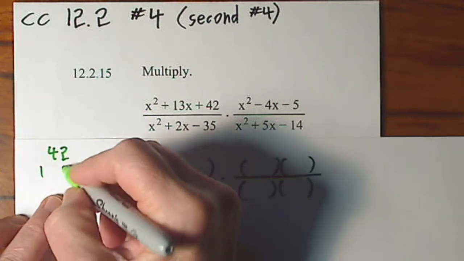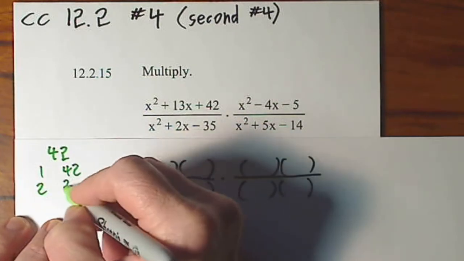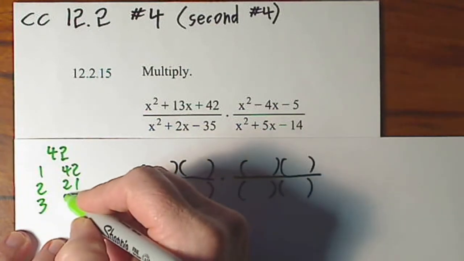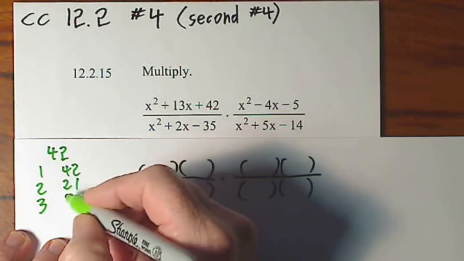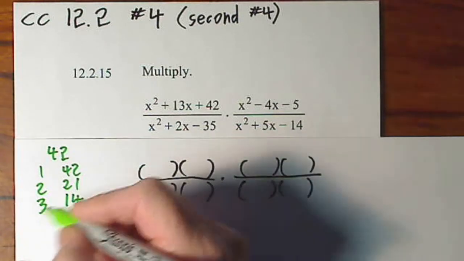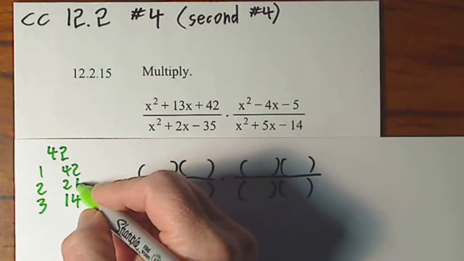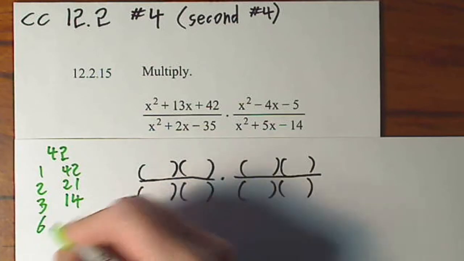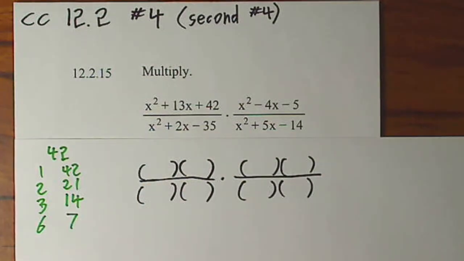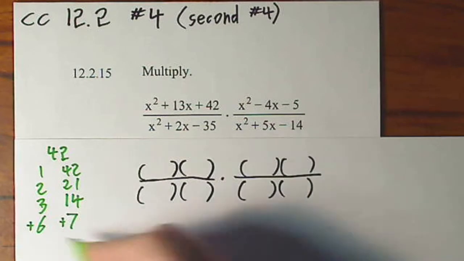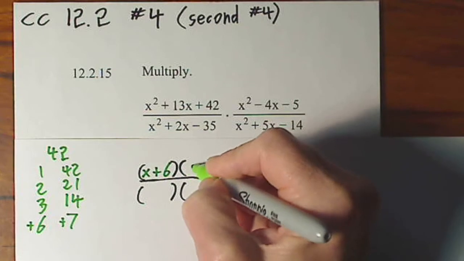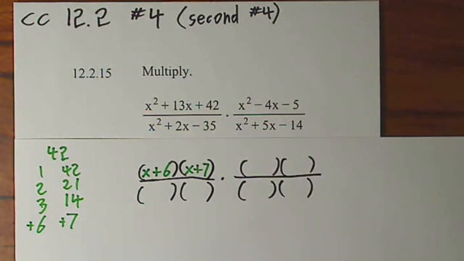But 42 would be 1 and 42, 2 and 21, 3 and 14, 4 won't work, 5 doesn't work, 6 goes in, 6 times 7. Okay, and this would give me a sum of 13. So that one becomes x plus 6, x plus 7, and we've managed to factor the first trinomial.